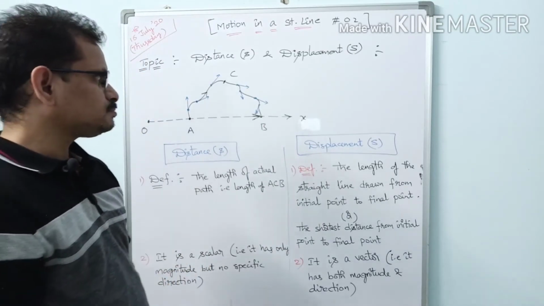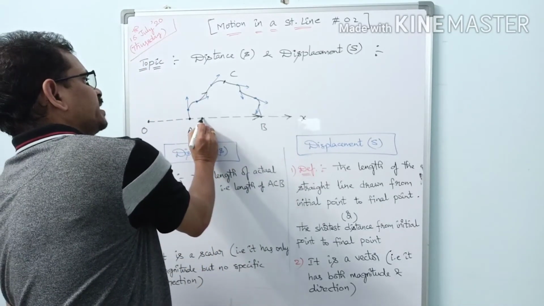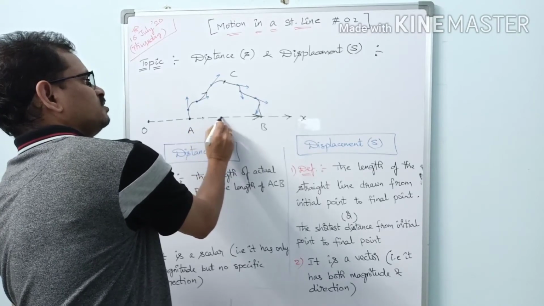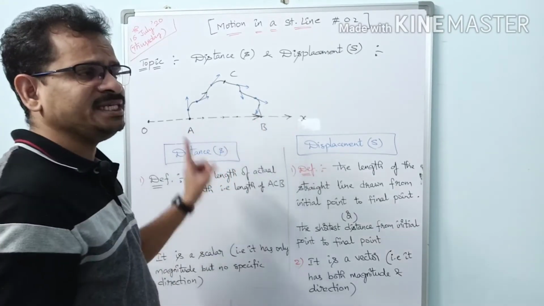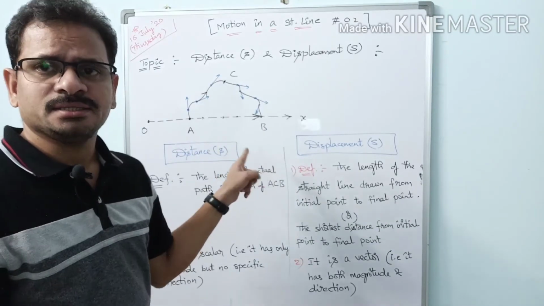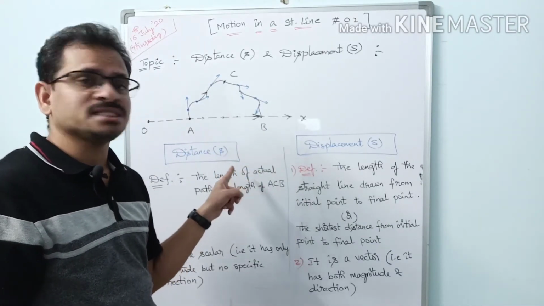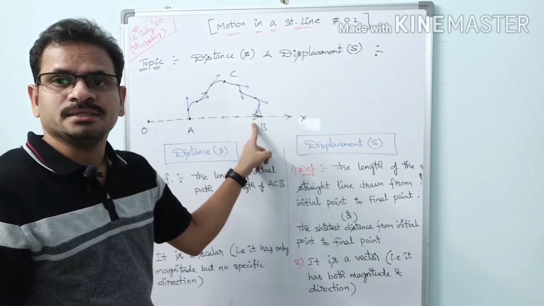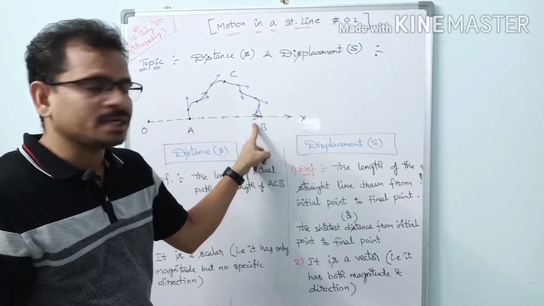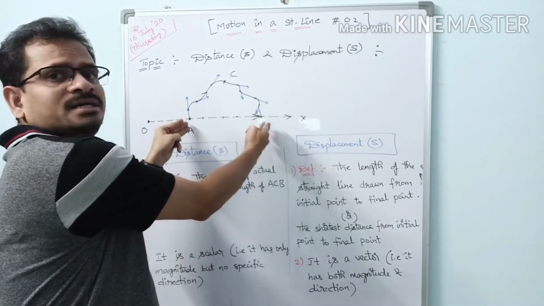So at this point, what is the direction regarding displacement? Rightwards. At this point, rightwards, and at this point, rightwards. From the initial point to the final point, the direction is always constant along this line. Does displacement have magnitude? Yes, because this length has some value.